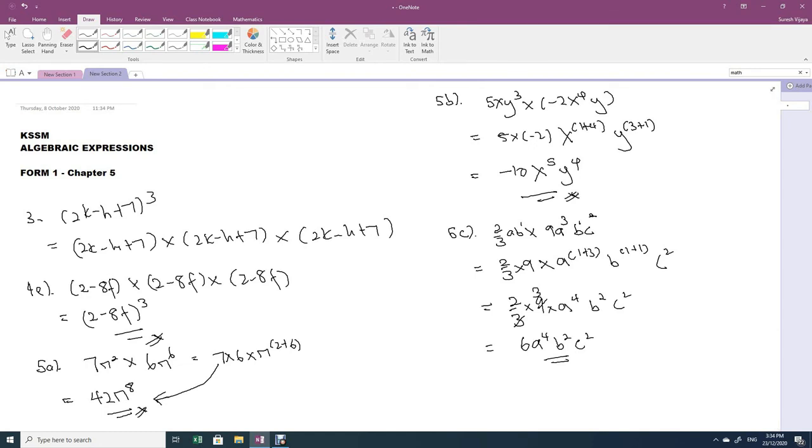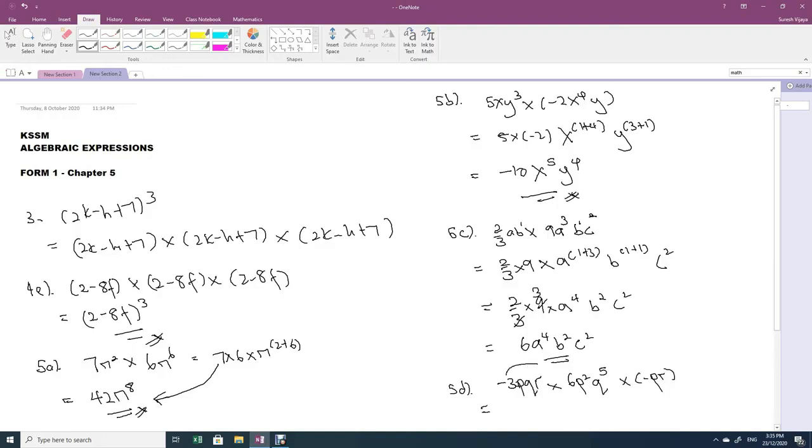So next we move to 5d. The question will be negative 3pqr times 6p to the power of 2 q to the power of 5, then times negative pr. It's normal, multiply the numbers first.